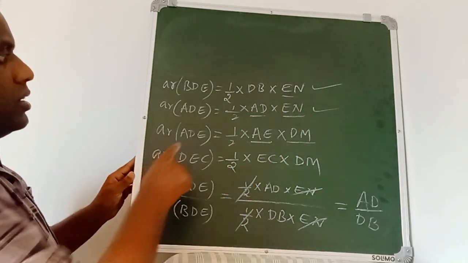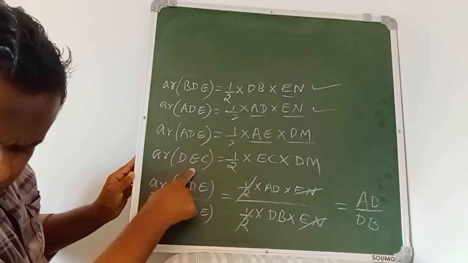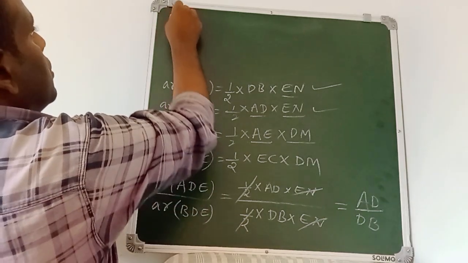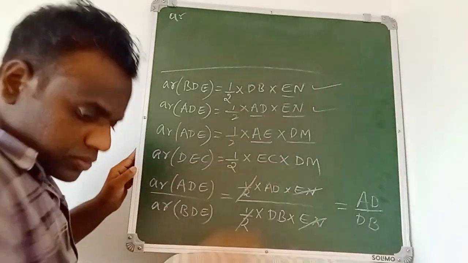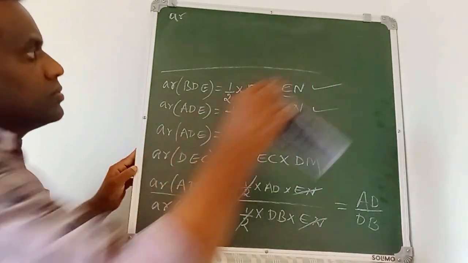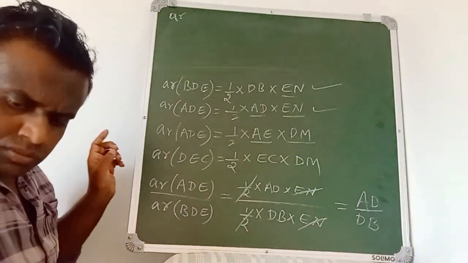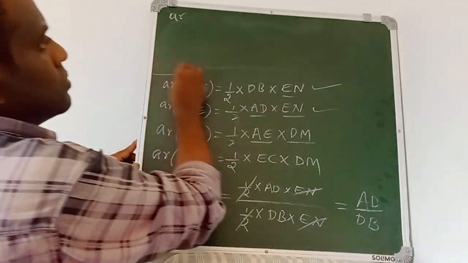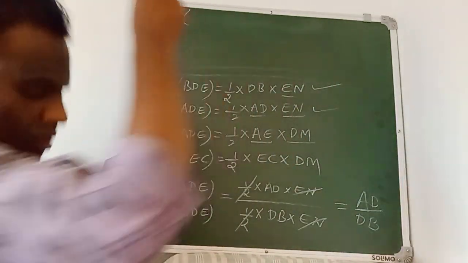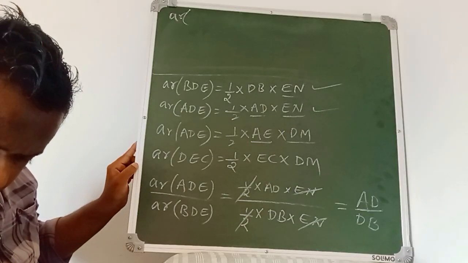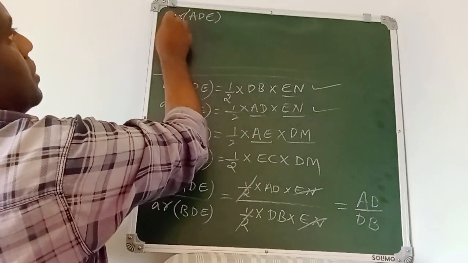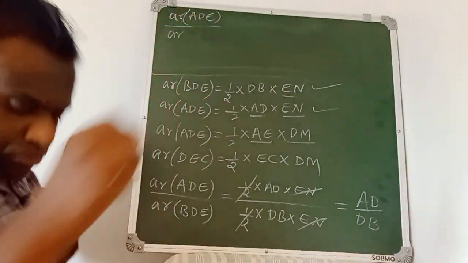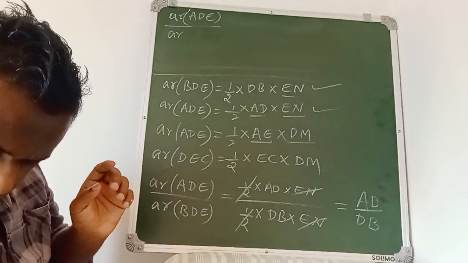Next I will take this and this. Area of ADE divided by area of DEC.